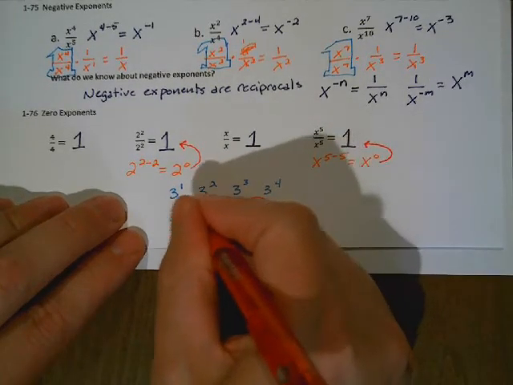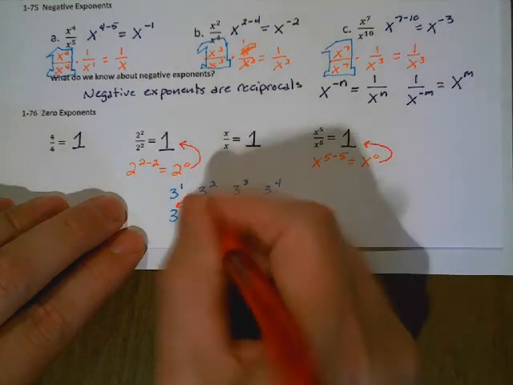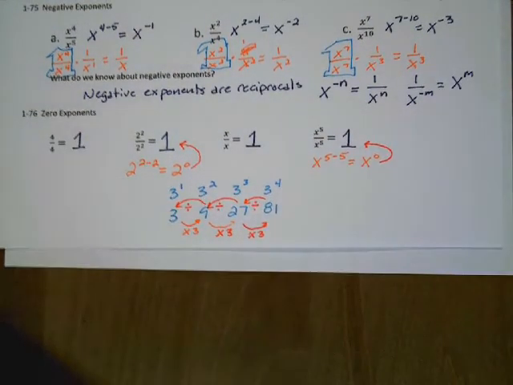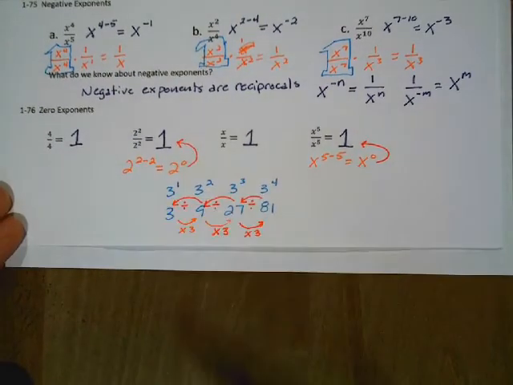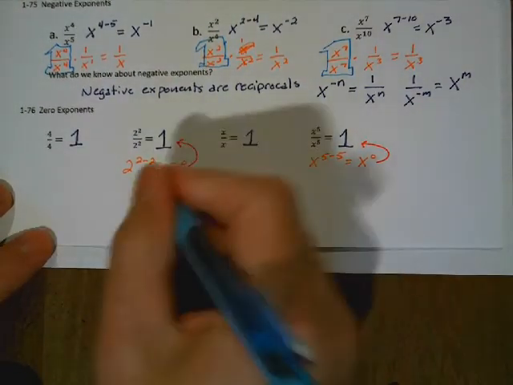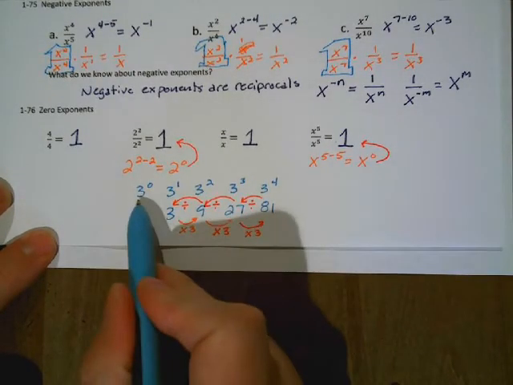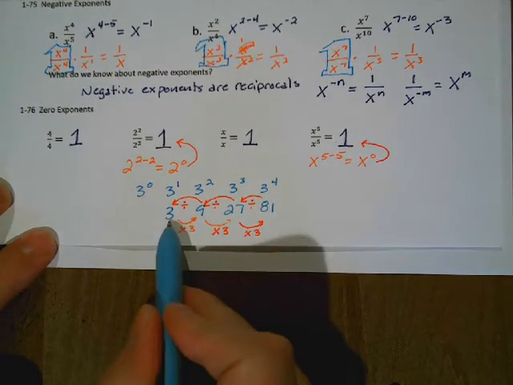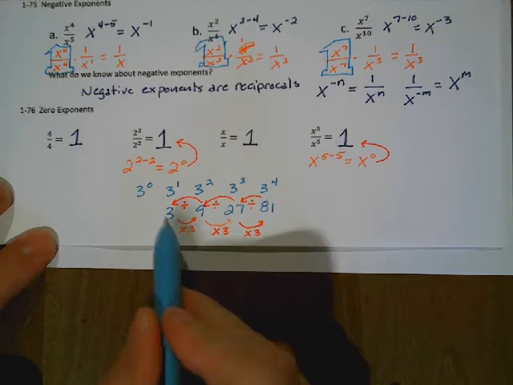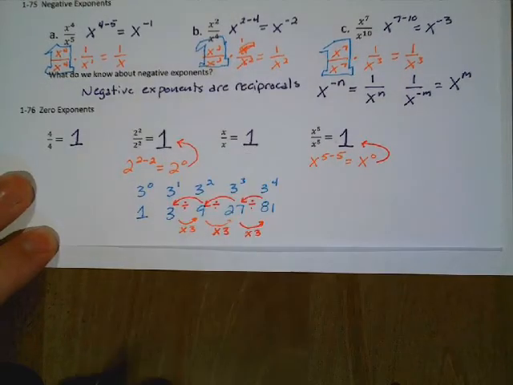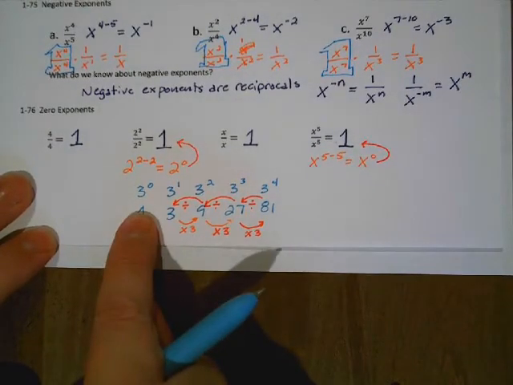And 9 divided by 3 is 3, so I'm dividing again, going towards the left. So to find 3 to the 0, take this and divide by 3. What's 3 divided by 3? It's not 0, it's 1.